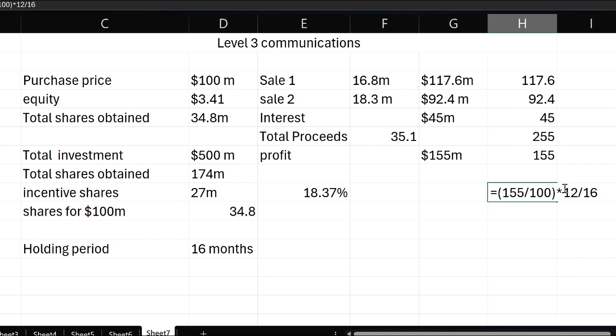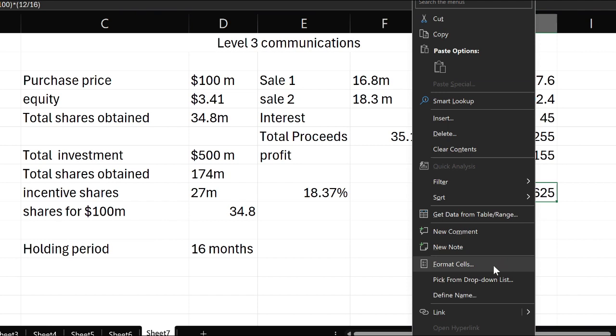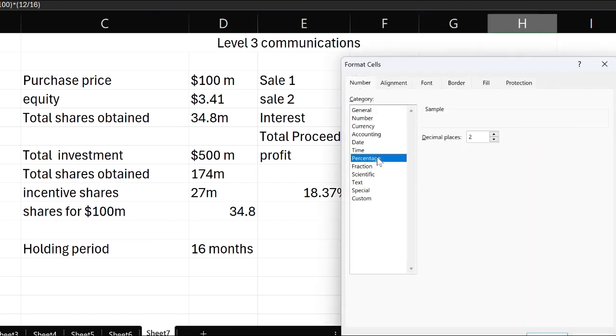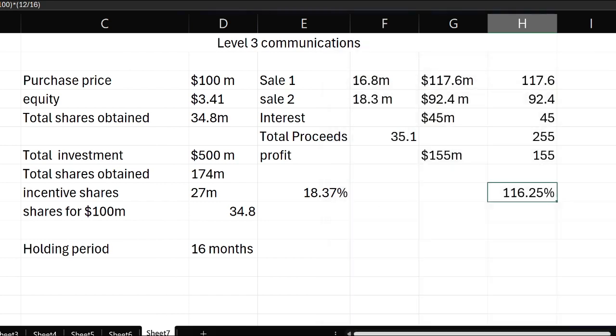This will give you an idea about the rate of return which he has got. In terms of percentages, it is 116.25 percent. By any standard, it's very, very high.